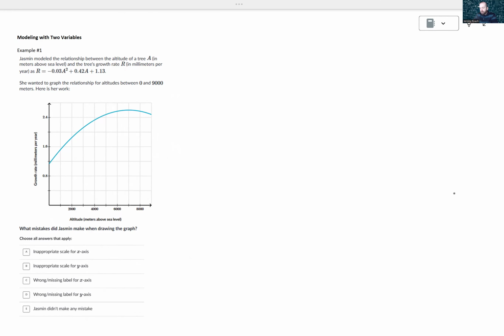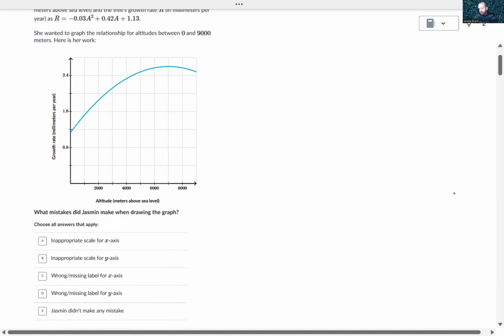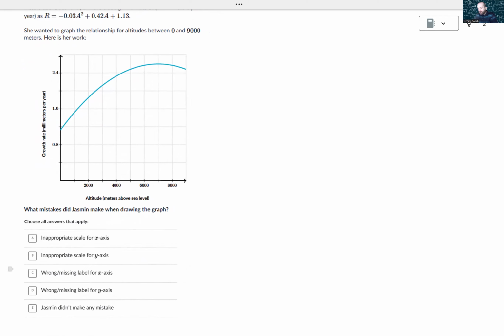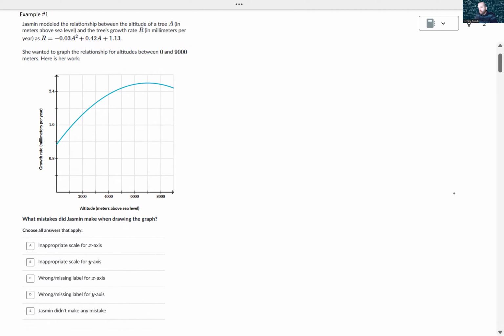So let's take a look at all the multiple choice options here. It says inappropriate scale for x-axis, inappropriate scale for y-axis, wrong or missing labels for both of the axes, or there's no mistake at all. So looking at what she wanted to graph here, it says that the altitudes are between 0 and 9,000 meters.